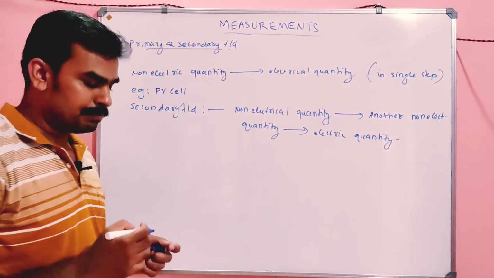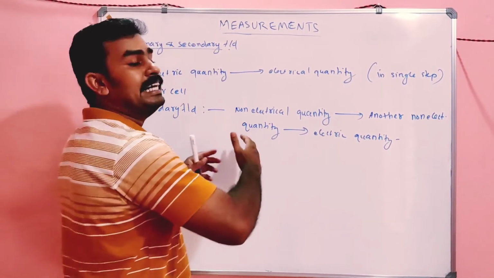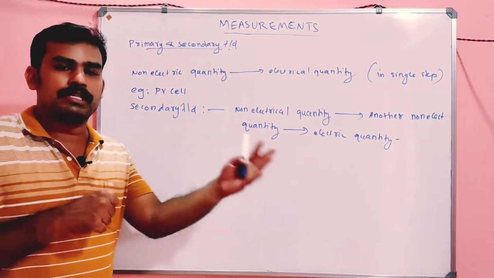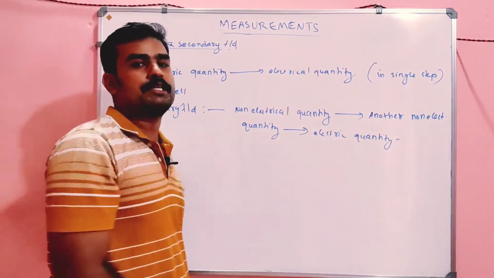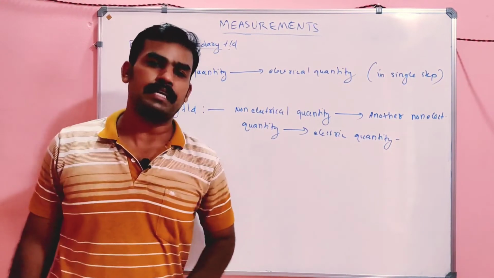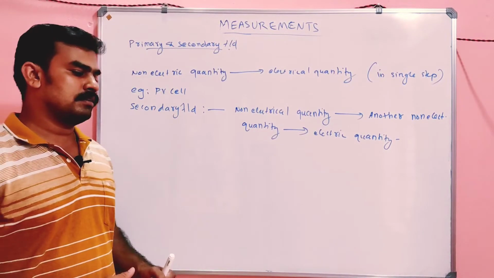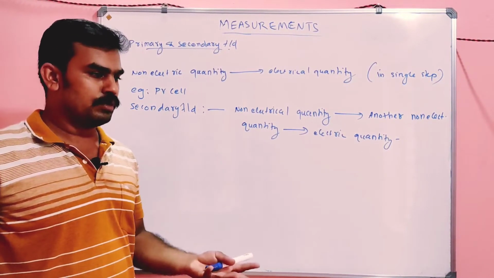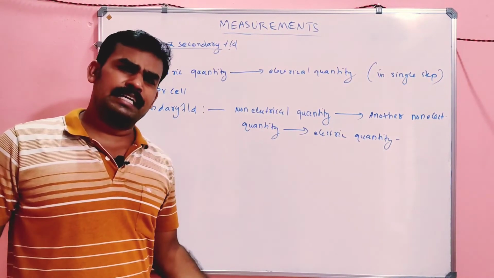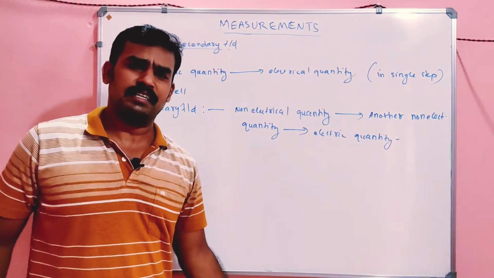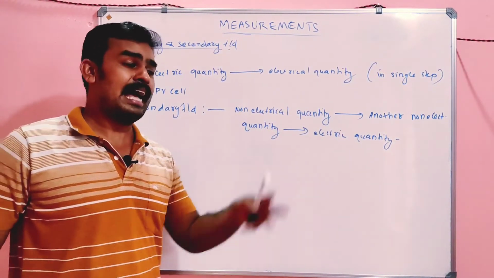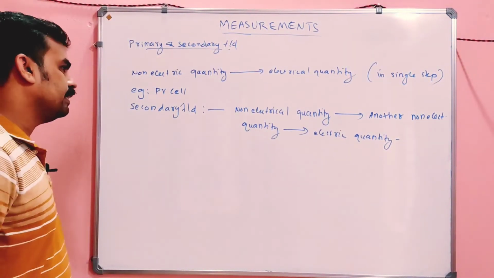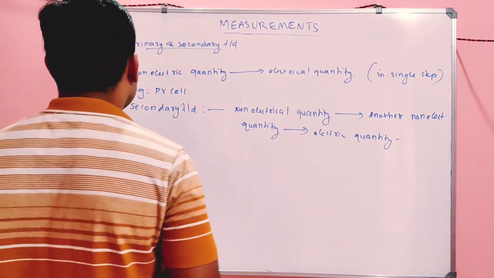Is it clear? That means there will be intermediate stages. If we give a non-electrical quantity to a transducer and it is directly converted to electrical quantity, it is called the primary. But if we give a non-electrical input and it converts that input into another non-electrical quantity, and then the electrical output is produced, it is called the secondary transducer. Okay, secondary transducer.